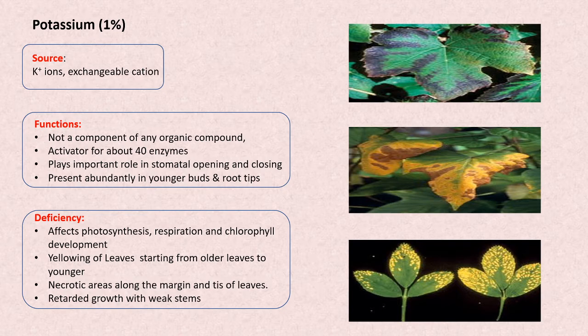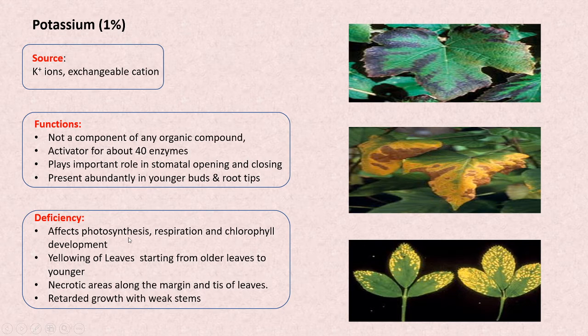Deficiency symptoms of potassium: it affects the photosynthesis, respiration, and chlorophyll development. Yellowing of leaves, starting from older leaves to younger leaves also. Okay, one more point here: how it affects the photosynthesis.